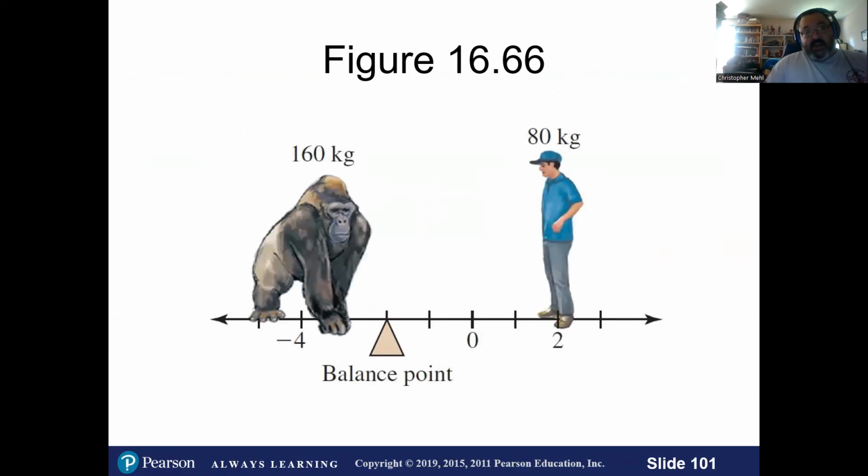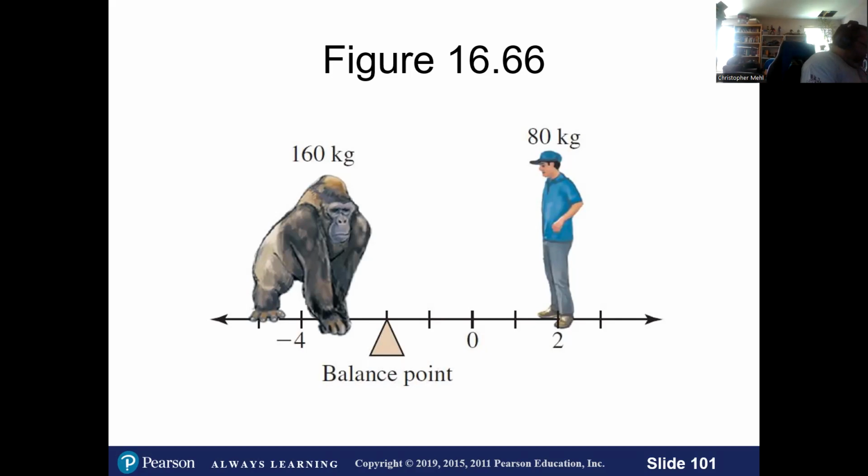Let's suppose we have a balance point. We've put a 160 kilogram gorilla on a seesaw and an 80 kilogram man on the seesaw. This thing is balanced. At that point where it's balanced, we want to figure out what the center of mass of the system is.